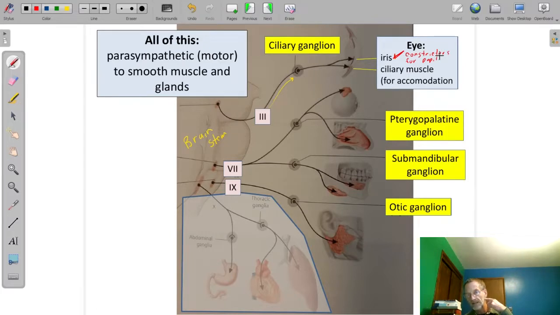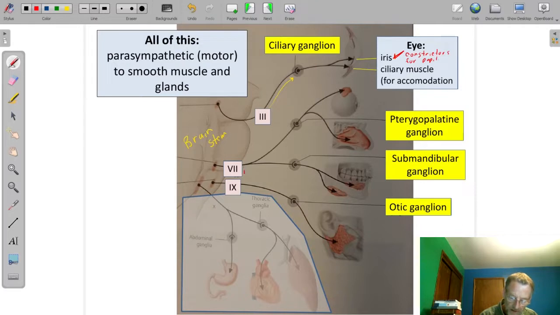The brain processes it, says, oh, let's constrict the pupil, so it sends out motor fibers. There's our stimulus response loop, and the motor fibers go out through the parasympathetic pathway to that smooth muscle, causes the pupil to constrict. Okay, moving on.